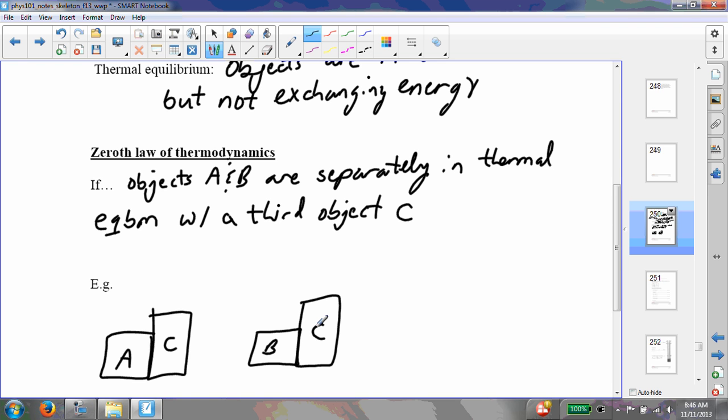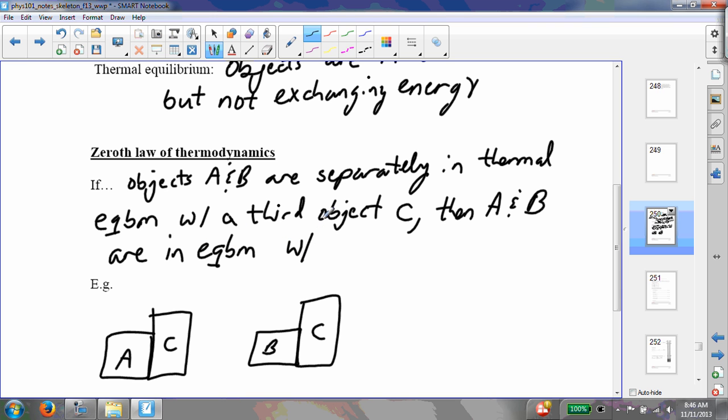Then if objects A and B are separately in thermal equilibrium with C, they're also in equilibrium with each other. This is called the zeroth law of thermodynamics.